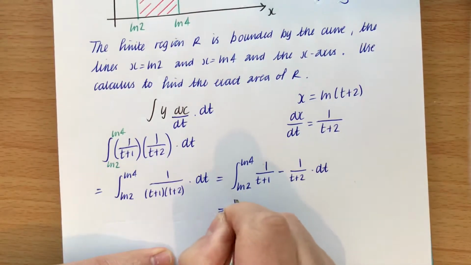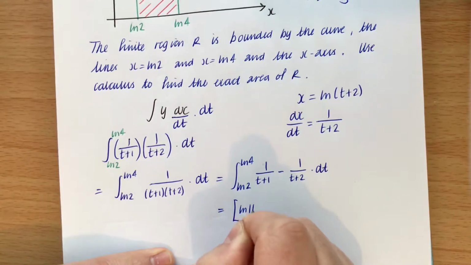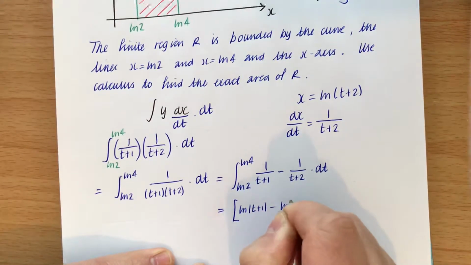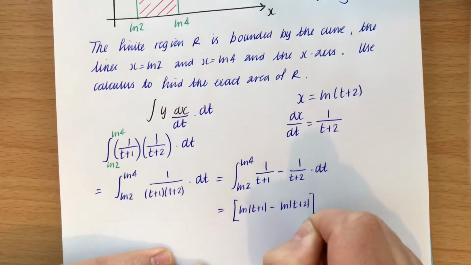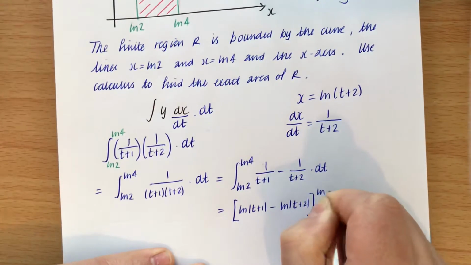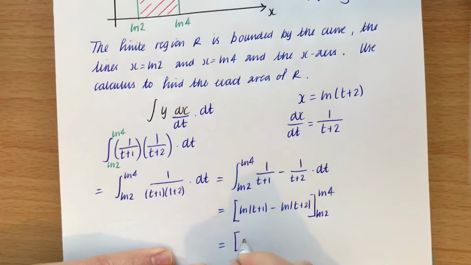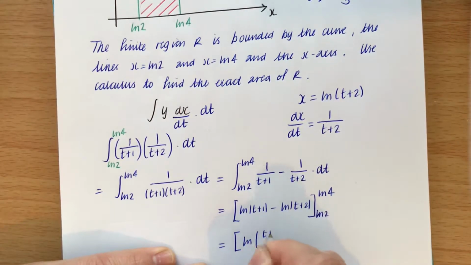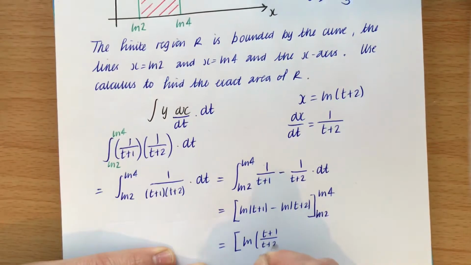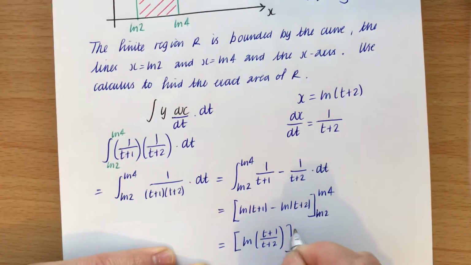So we have, in square brackets, log mod (t plus 1) minus log mod (t plus 2), from log 2 to log 4. I'm going to rearrange first, then do the substitutions. So that is log of (t plus 1) over (t plus 2), from log 4 to log 2.